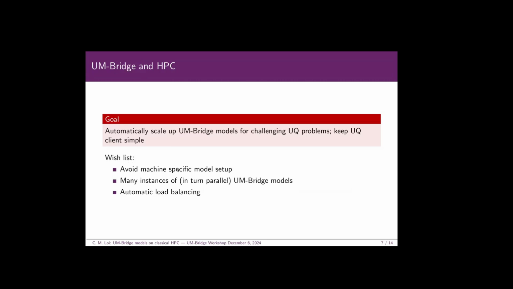So avoiding the machine-specific setup, which is done through containerization, and having multiple parallel instances of Umbridge models. We can do that through the custom load balancer, and the load balancing part will be done by the load balancer as well as HyperQ or Slurm.